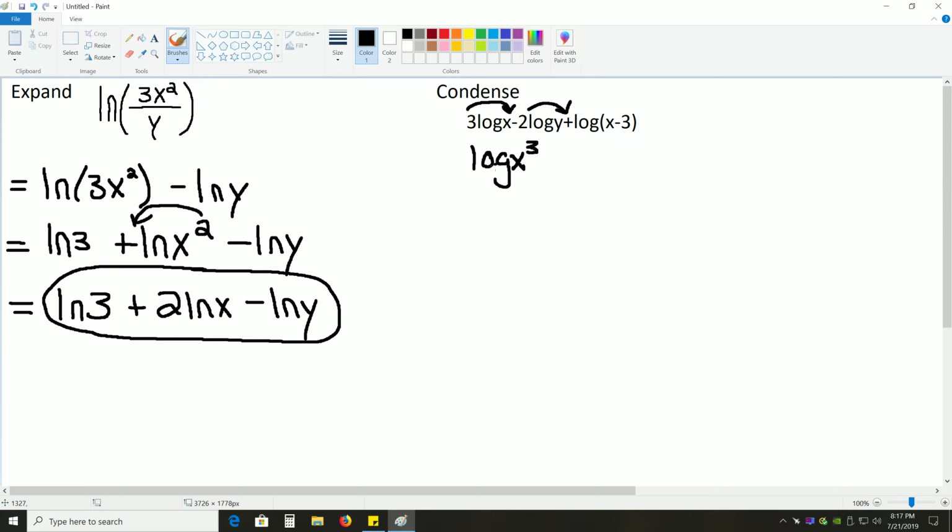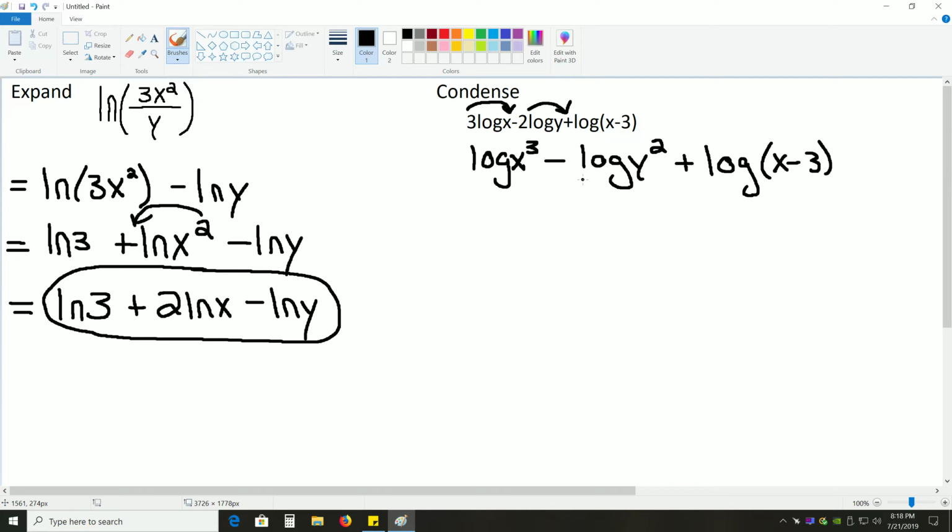If it's hard for you to memorize that, put parentheses around whatever is inside of the log. Okay, and from here we have minus, the 2 is going to become the exponent of the y, so we have log y squared, and then plus log of x minus 3.